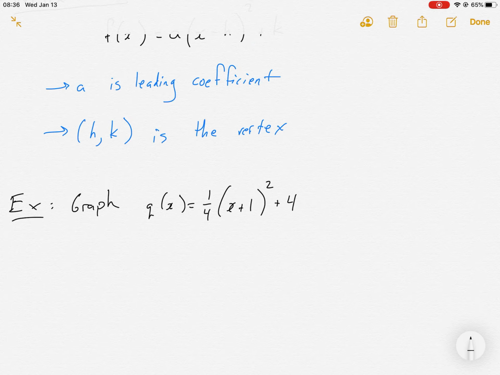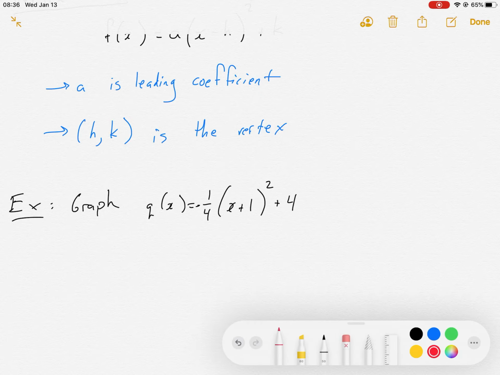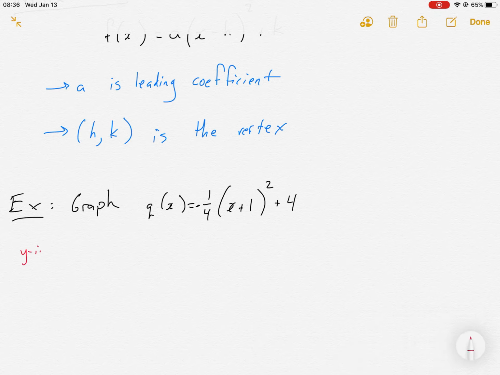Actually, I think I'm going to change that to a plus 4, and I'm going to change this to a negative 1/4. All right, so once again, we still need the y-intercept, the x-intercepts, and the vertex.